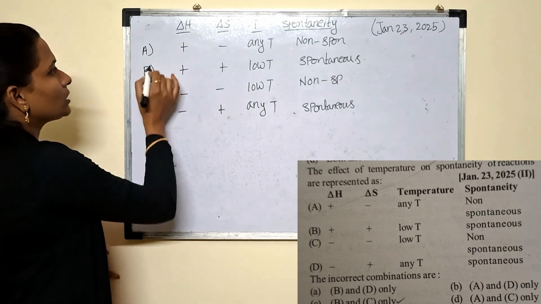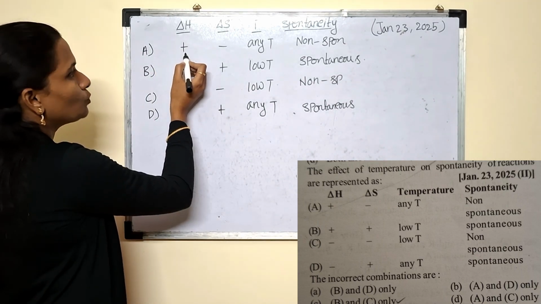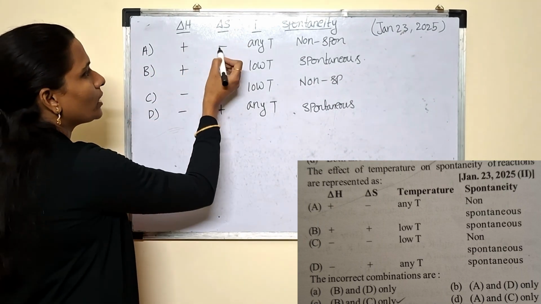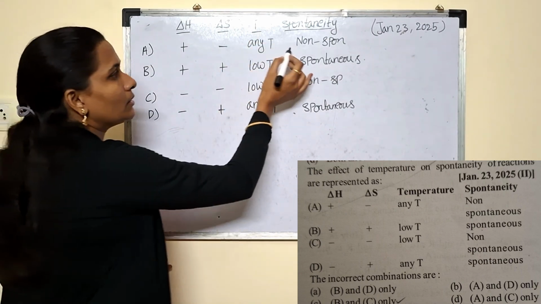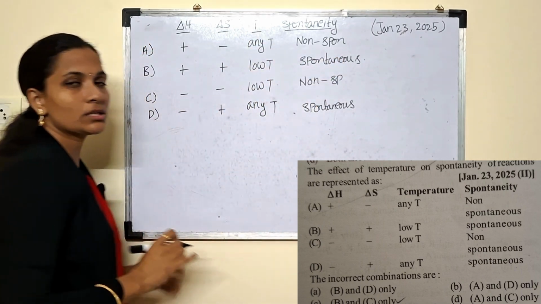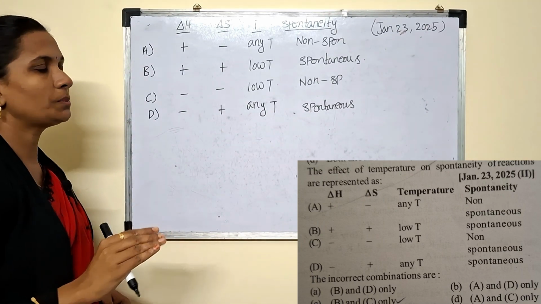Now the first option: if you observe delta H value positive, delta S value negative, and at any temperature, then that reaction is non-spontaneous. They are asking whether it is a correct or wrong statement.